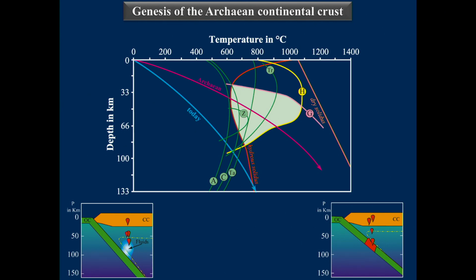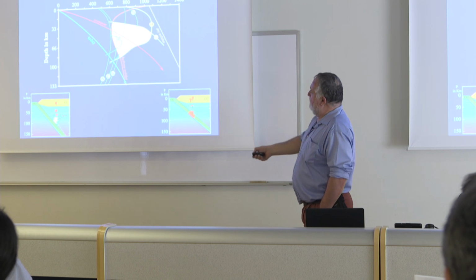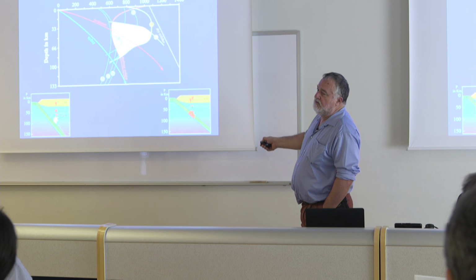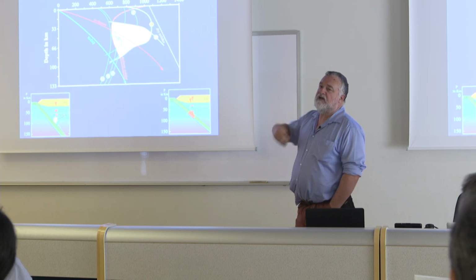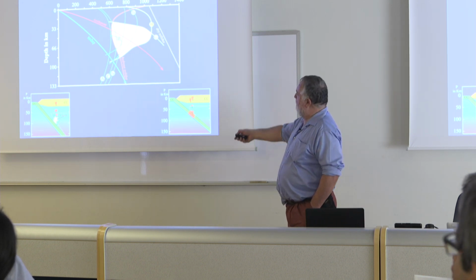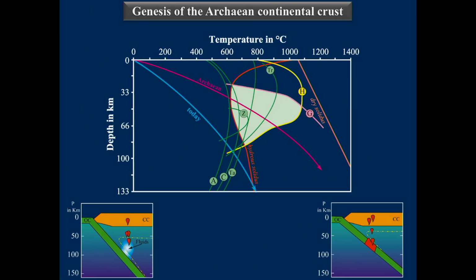So we can assume that during the Archaean, with this kind of high geothermal gradient, this warm Earth, it was not the mantle that was melting, but the subducted basalt itself. So the source is not the mantle, but is the basalt here. And we can find the two steps of genesis of this basalt. First, from the mantle in the ridge, we generate the basalt, and second step, we melt the basalt here.